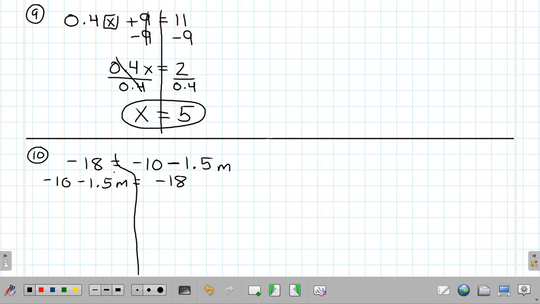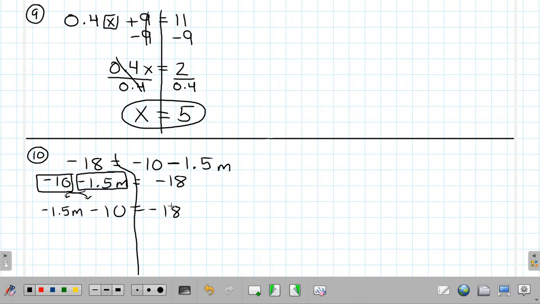But it's the same thing here. If we really needed to, we could do this little technique where we know the negative has to go with the 1.5, and the negative has to go with the 10. So if we flip these around, this is going to be negative 1.5 m minus 10 is equal to negative 18.